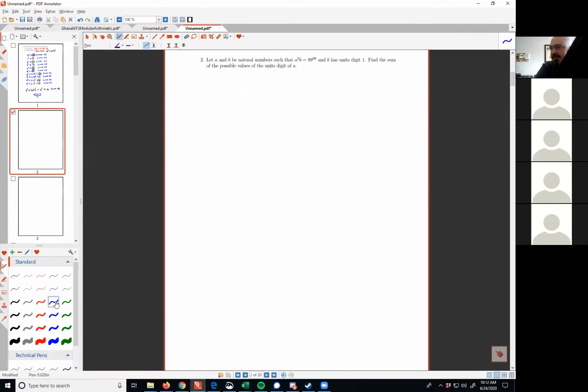We're working in 10 again. Good. Okay. So we write the congruence a squared b is congruent to 99 to the 99th power modulo 10. And I don't feel like computing the nearly 200 digits of 99 to the 99th power.